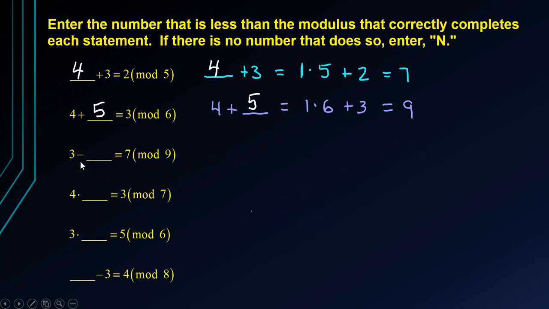Now for this next one, I had to do a little bit more thinking here, because I want to do 3 minus something is congruent to 7 modulo 9. Now, usually when I do a subtraction problem, I end up with a number on this side that is smaller than the number on this side, especially when I'm only considering positive digits here. I'm only considering in mod 9 the digits 0 through 8.